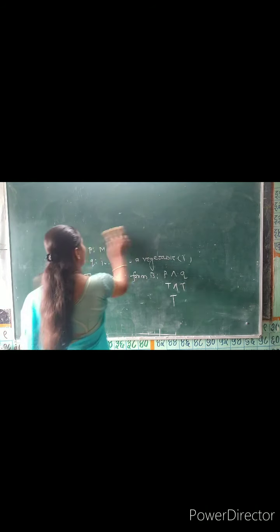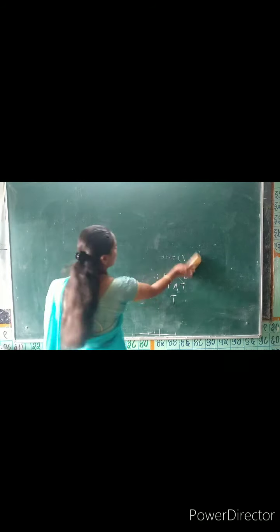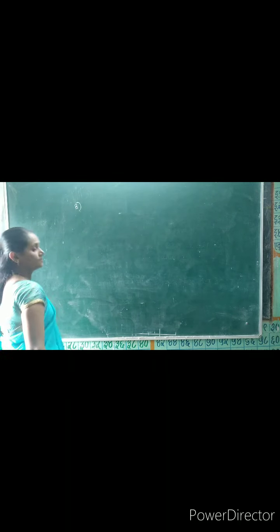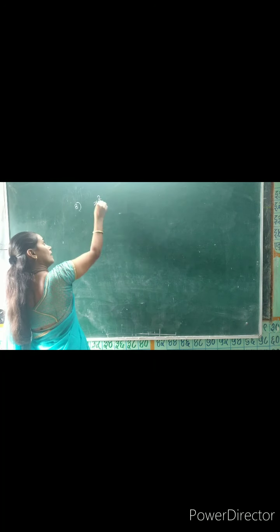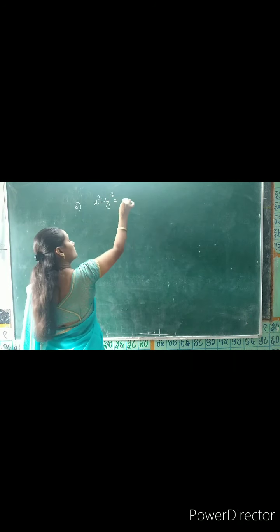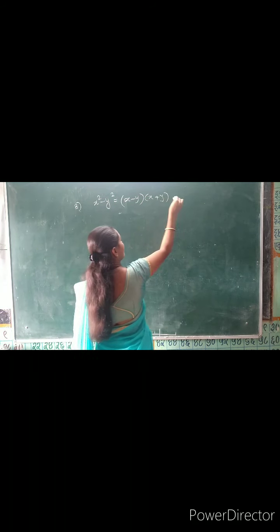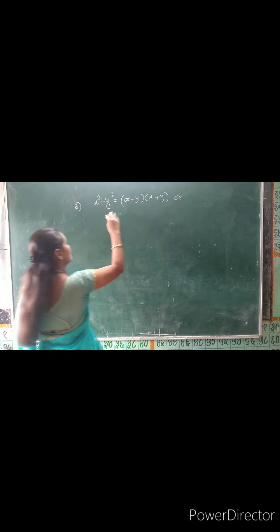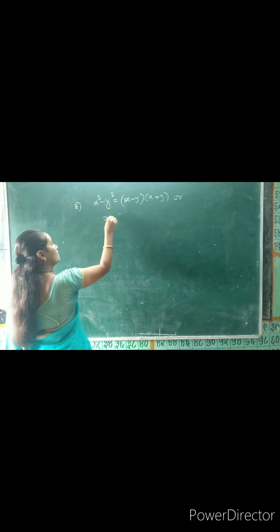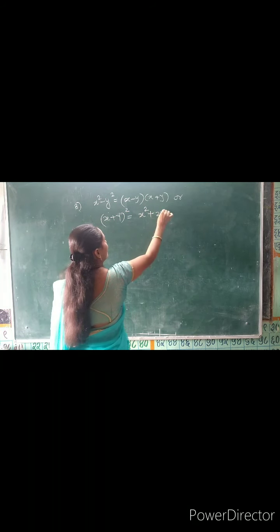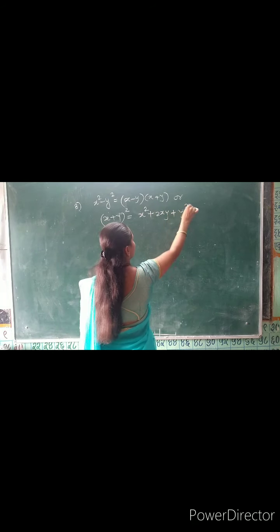In exam, we have to ask the question for 2 marks: write the truth value and write its symbolic form. Third example, we will take x square minus y square is equal to x minus y into x plus y, or x plus y bracket square is equal to x square plus 2xy plus y square.